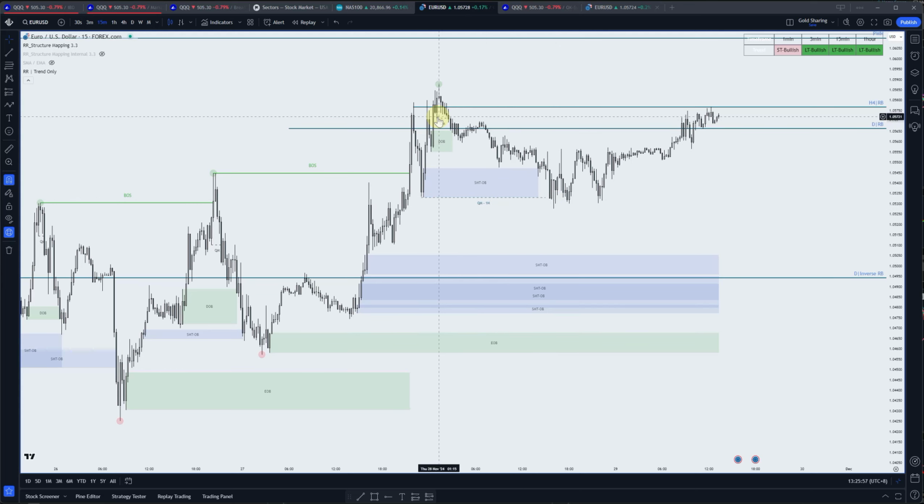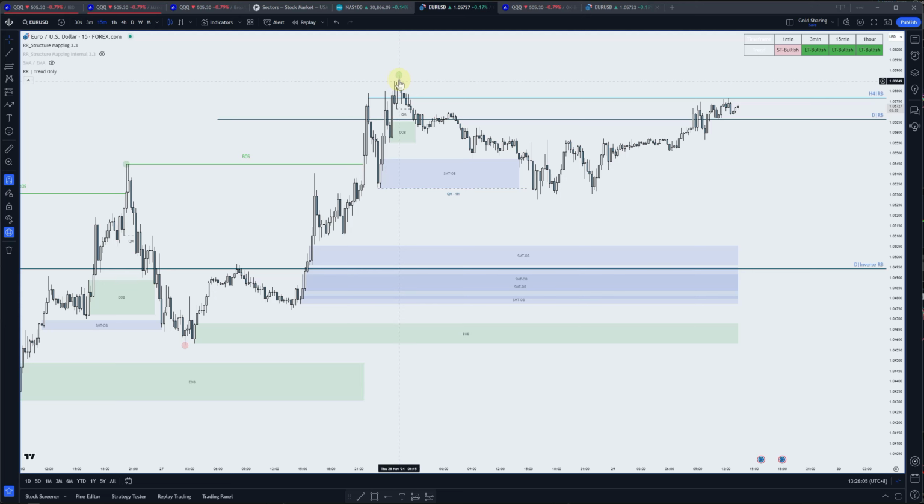So this was the 15-minute QM and DOB, then price disrespected. You will start to mark the internal structure from there, and then you reach the H1 QM, because on the 15-minute, one time frame higher, you need to check where the next one time frame higher QM is.